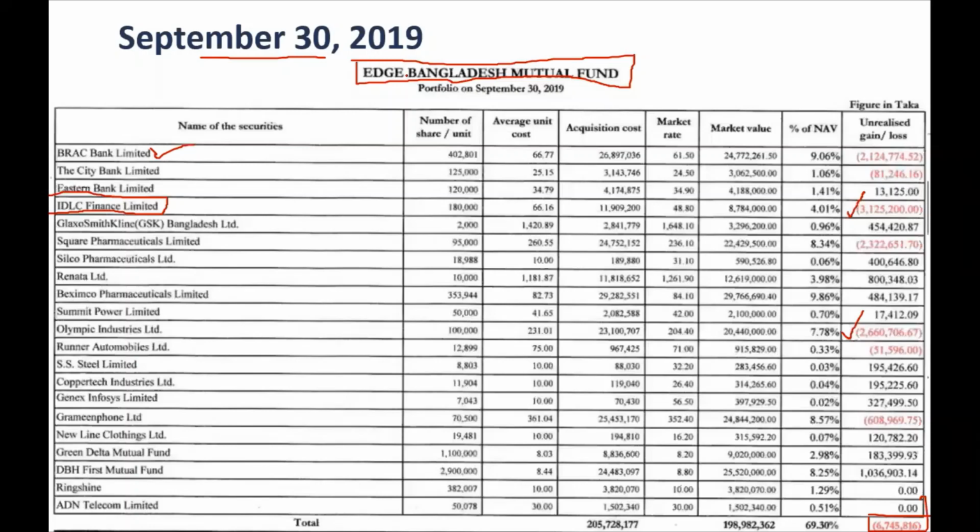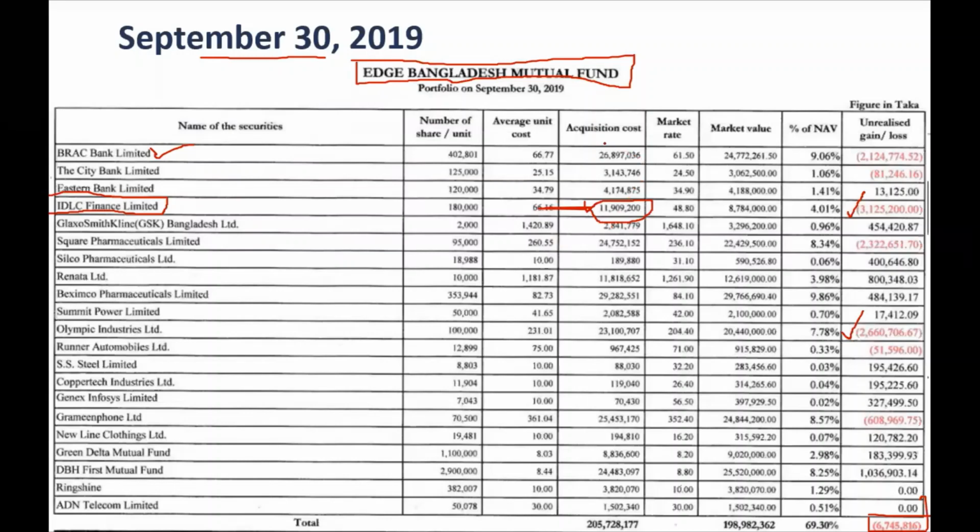Okay. So let's look at their investment. It is the total acquisition cost. They have not provided the proportion invested here.